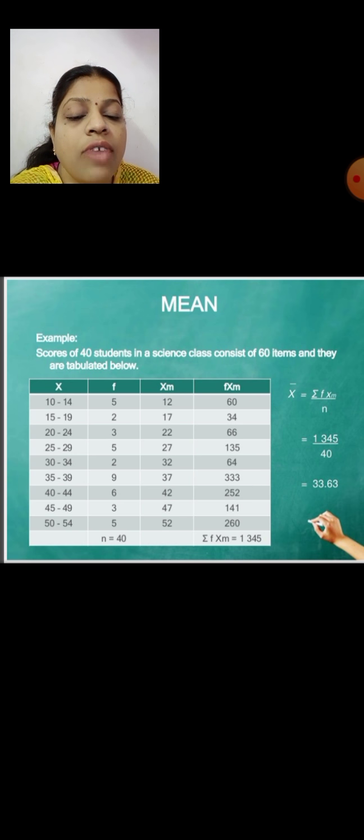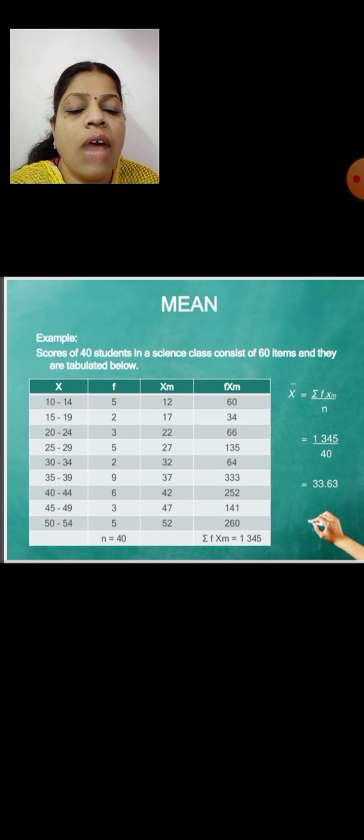Like that, 5 into 27, 2 into 32, 9 into 37, 6 into 42, 3 into 47 and 5 into 52. These are the different values. At last we got the sum as 1345. So sigma fxm equals 1345.